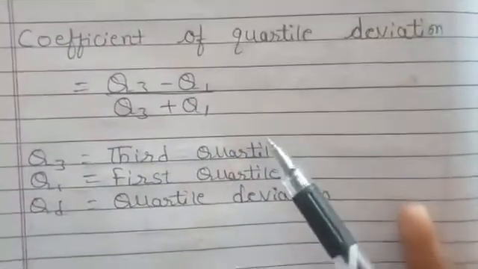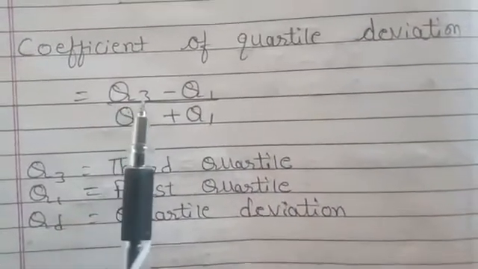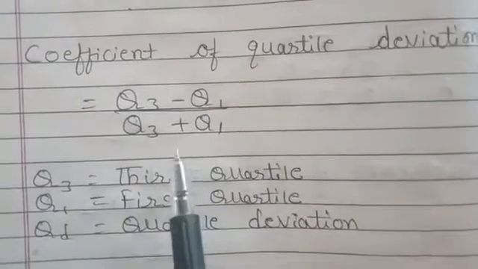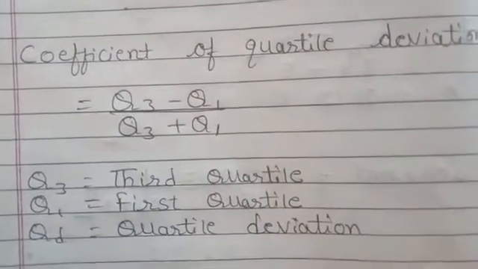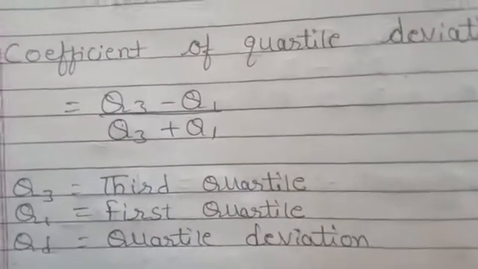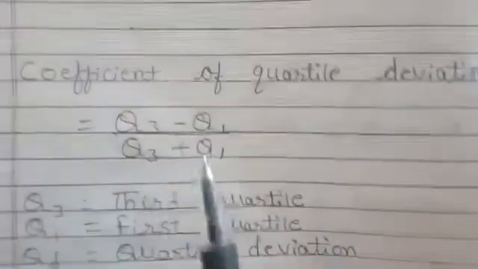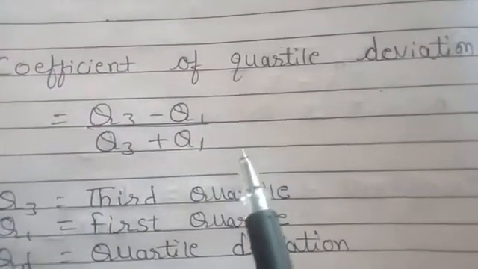We can also say that it is the value obtained by dividing the measure of quartile deviation by the average of the third quartile and the first quartile. This is also known as relative quartile deviation.